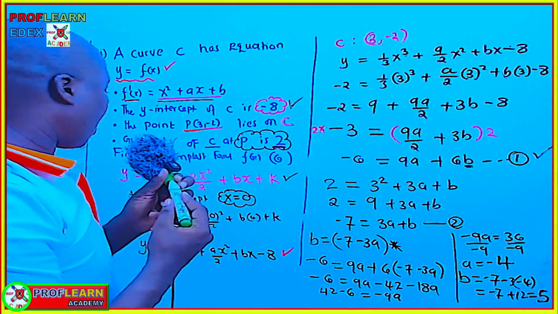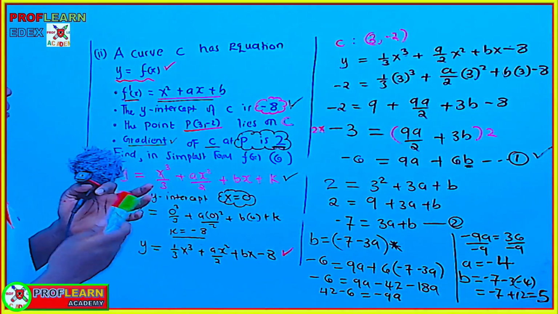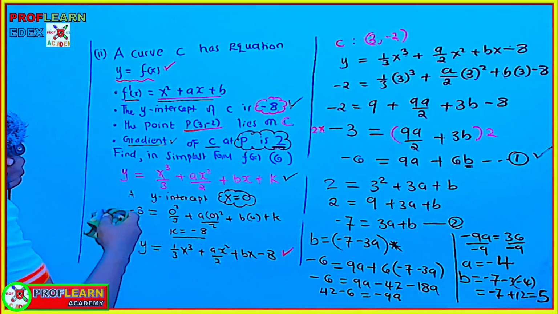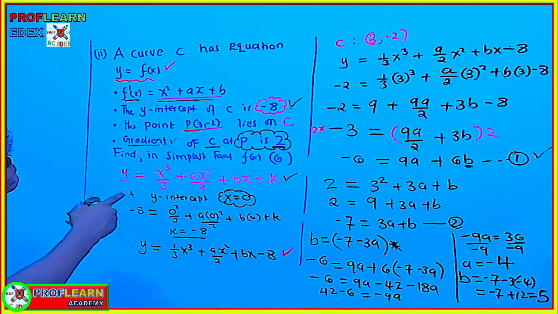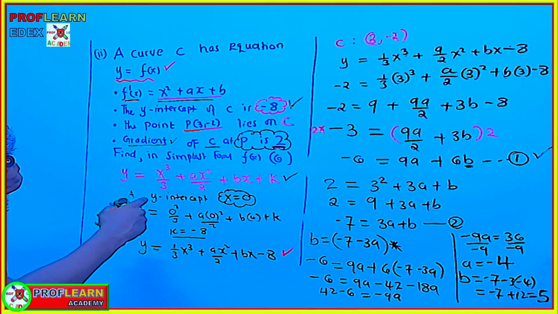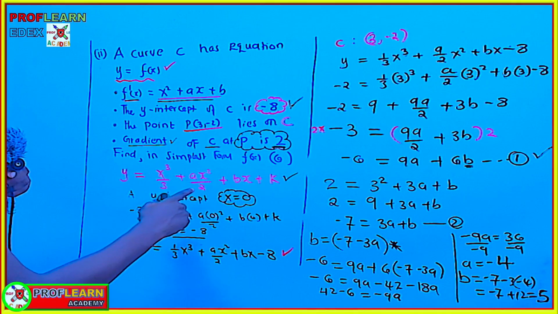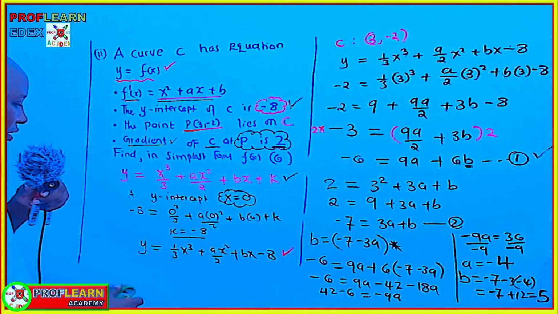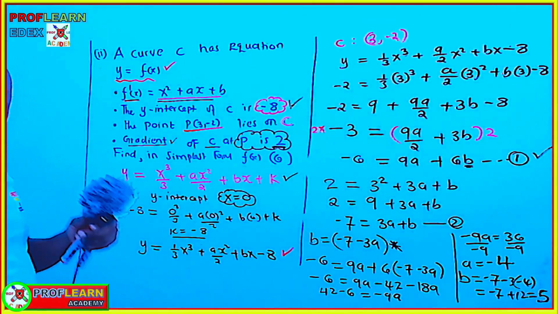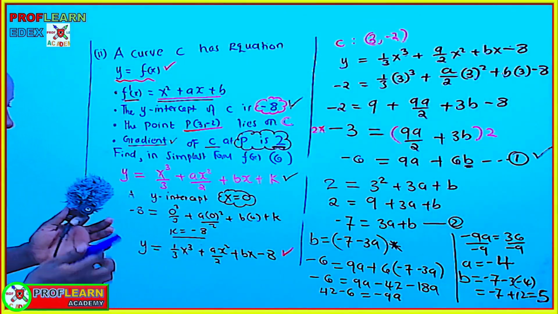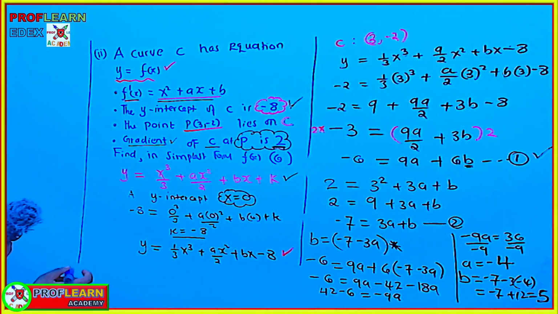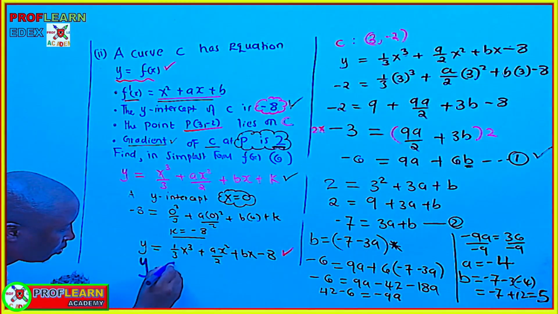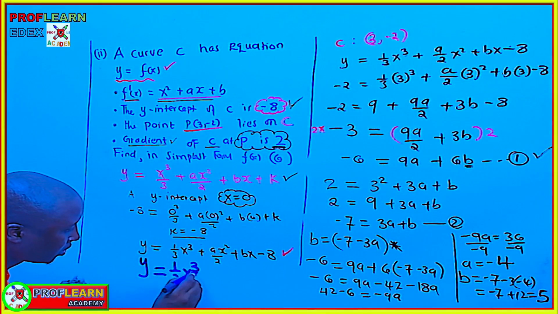But the question was, we were supposed to write our expression in a simplified form. So the expression we were supposed to find is y equals x cubed over 3 plus ax squared over 2 plus bx plus k, but our k, of course, is this expression that we had gotten here. So we can comfortably write the expression now with the constants well represented. The equation will be y equals 1 over 3 x cubed.